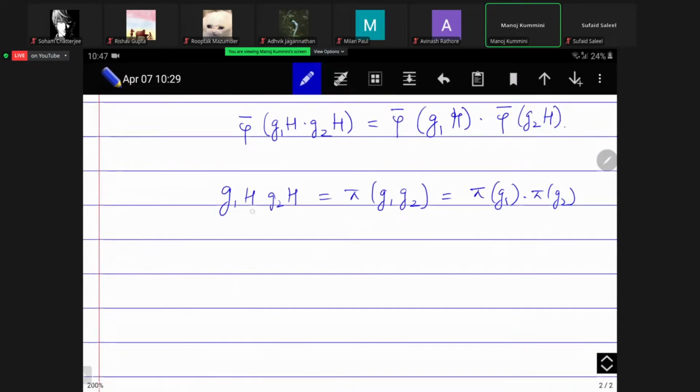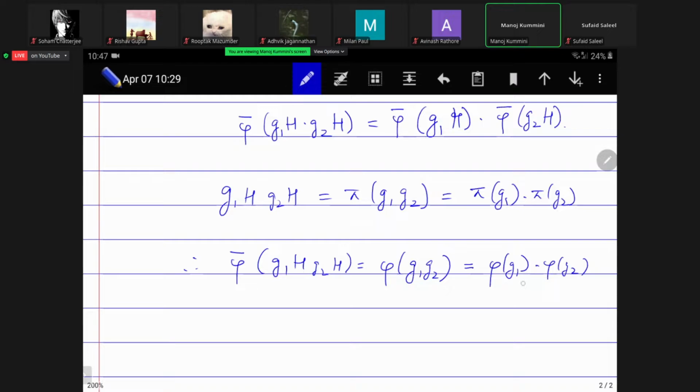Okay. So now phi bar of g1H, g2H. So phi bar of pi of this is just phi of g1 g2, which is phi of g1 times phi of g2.